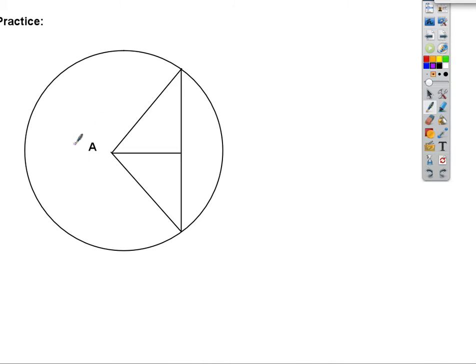So let's say that this is circle A, and in circle A, I'm just going to name these. You are given that AC is perpendicular to BD.